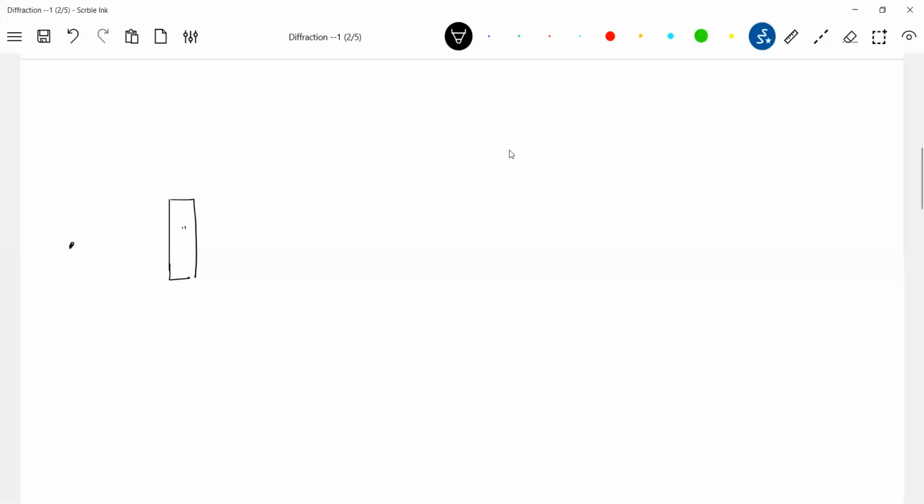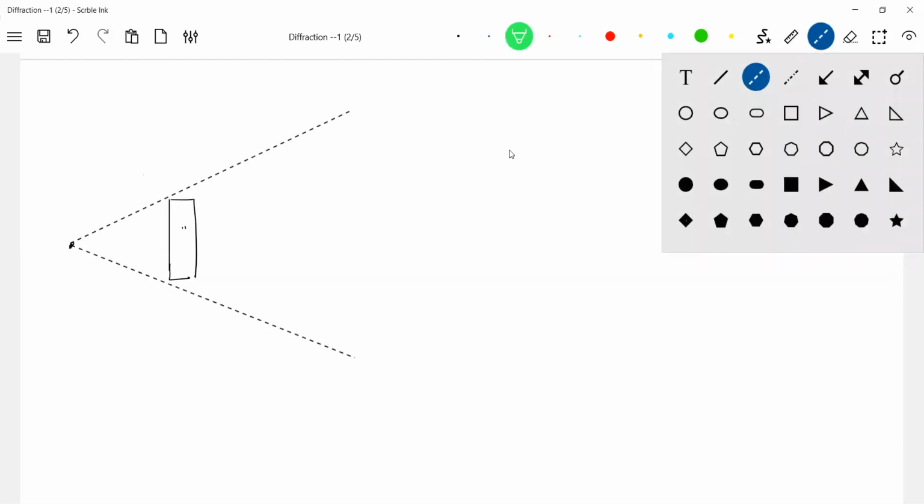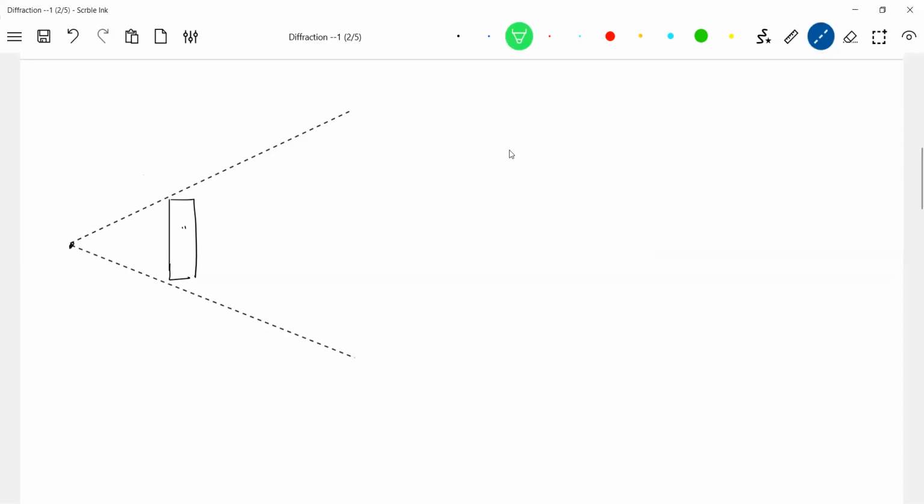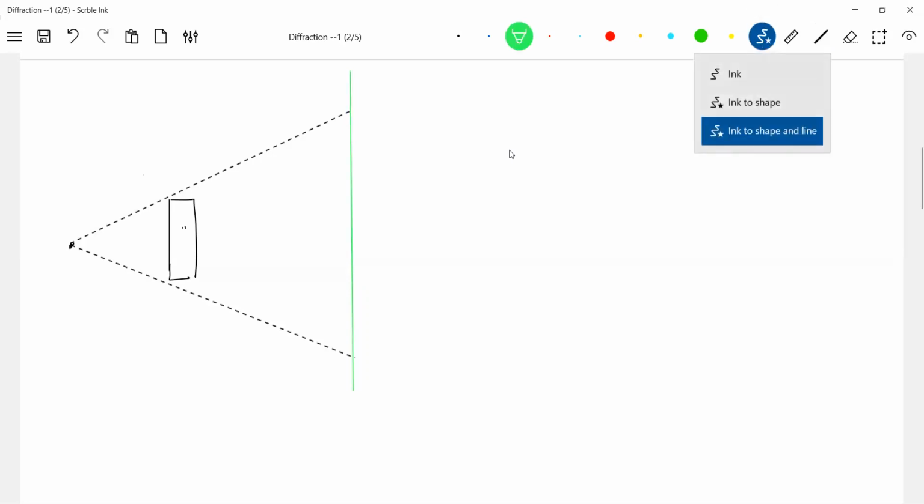I'll keep a point source of light. There's a screen. What do you expect? There's a wood, which will give some wood color.